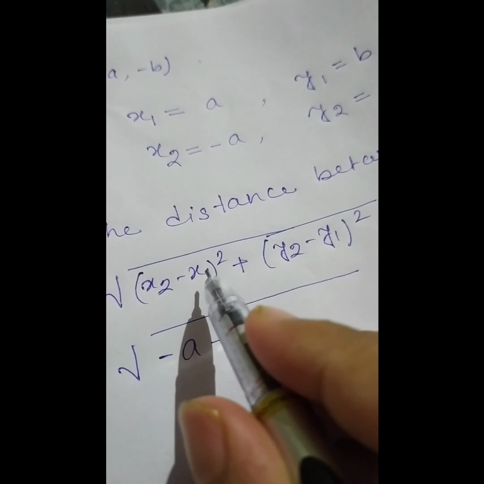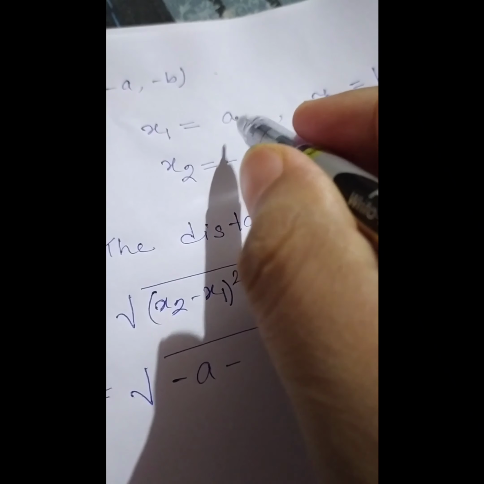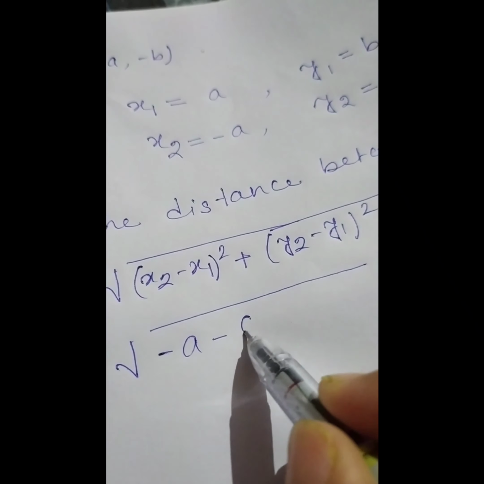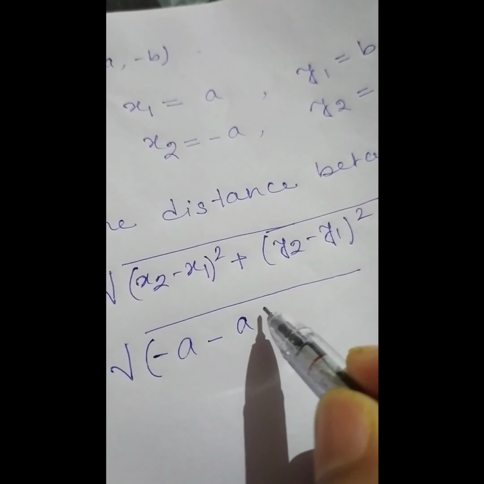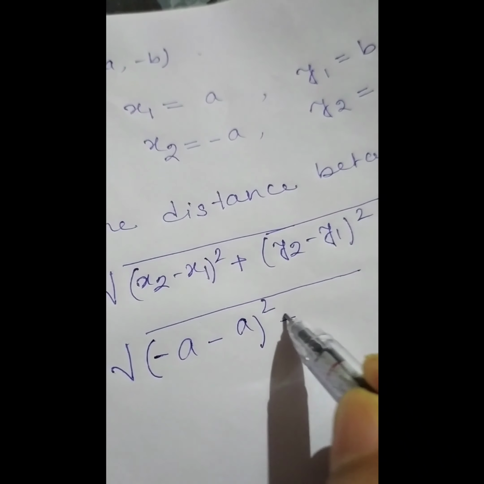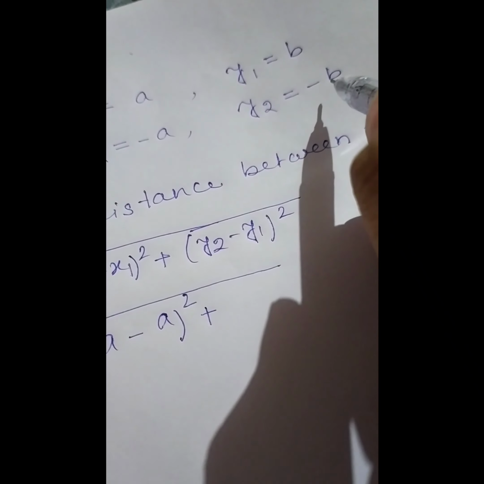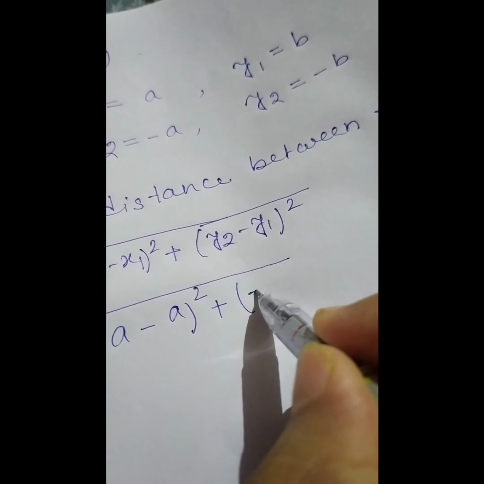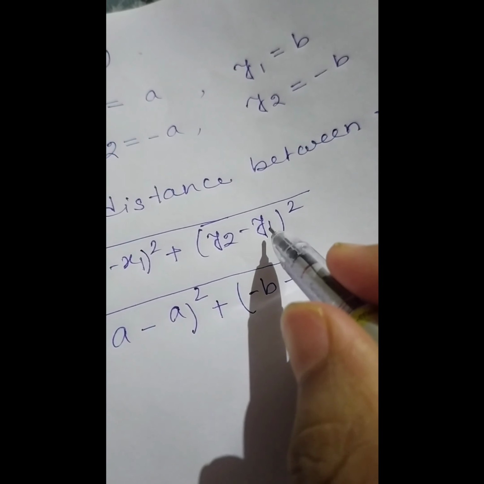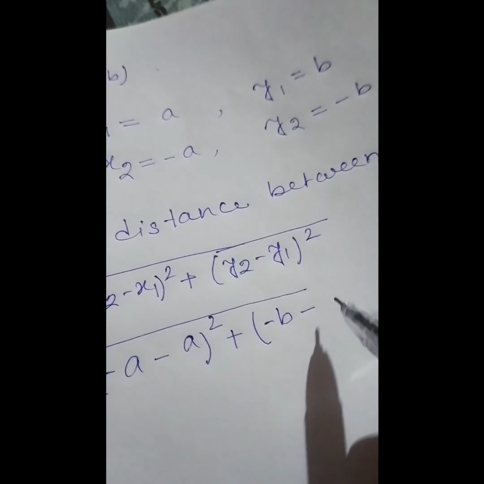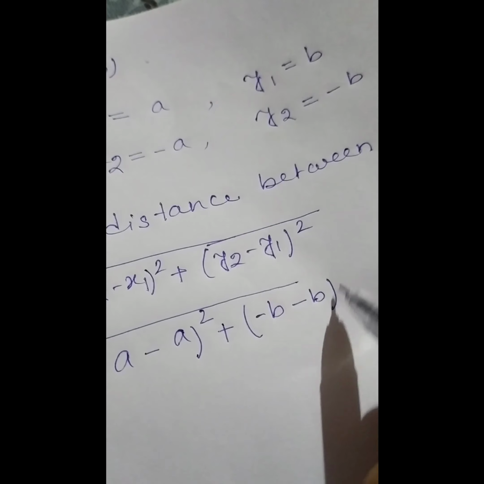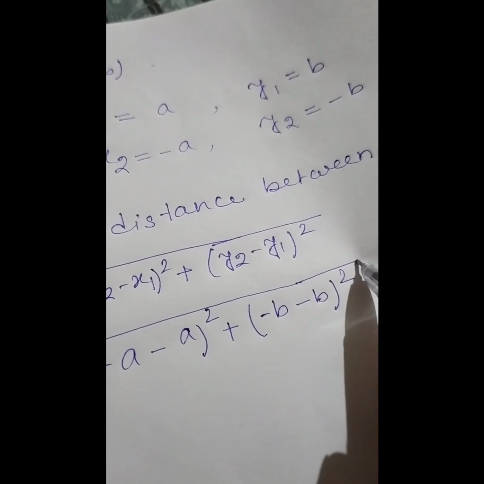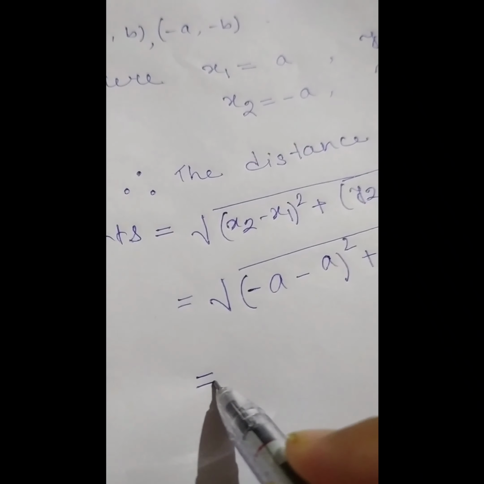What is the value of x1? It is a, whole squared. What is the value of y2? It is minus b. And what is the value of y1? It is b, whole squared.